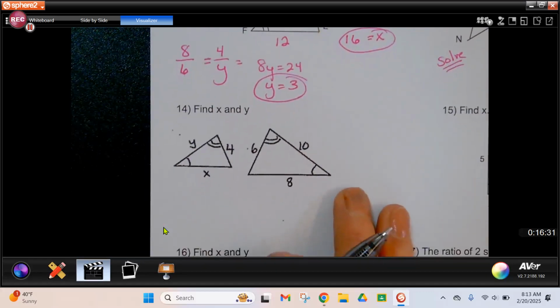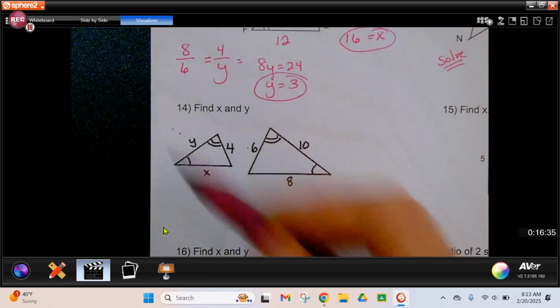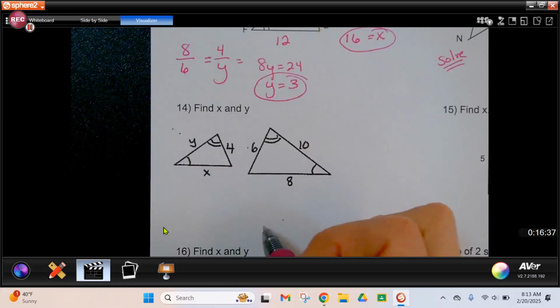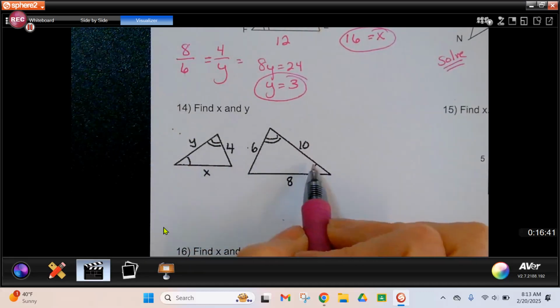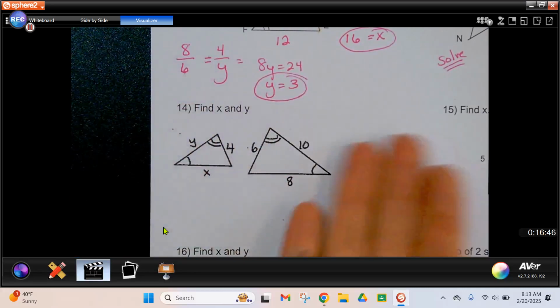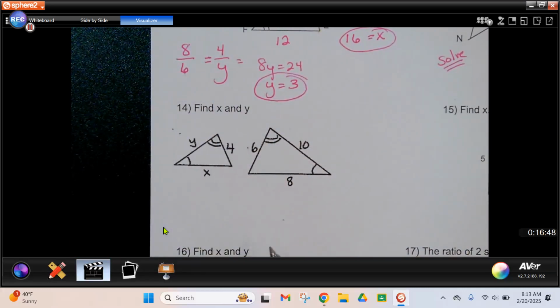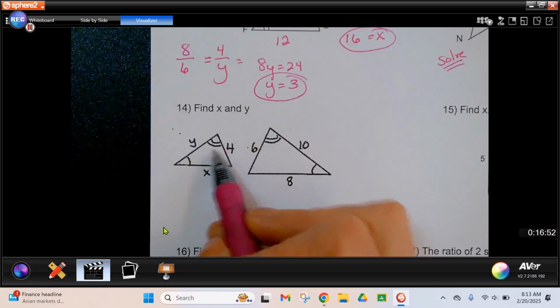Okay, number 14, find x and y. Again, we're going to set up a proportion. These are all similar. So we're going to set the sides that we know. Now be careful, this figure needs to be flipped over to show you what sides are corresponding. So it looks like 6 corresponds with 4. So I'm going to go from the big to the small.